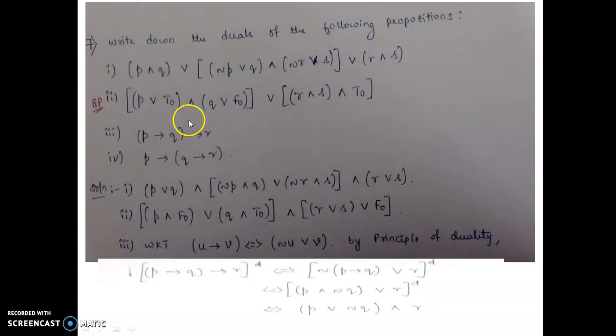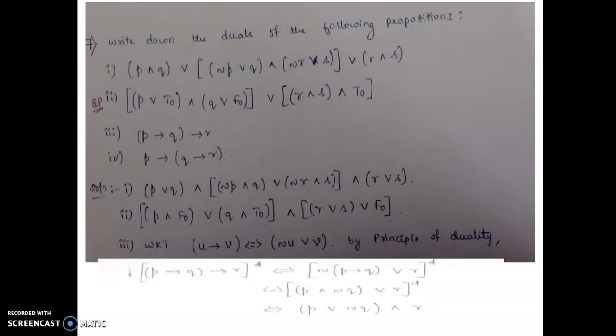Instead of and, here should be or: Q or F naught. Q and T naught should be there. We can now see here and or is should be replaced with and. R and S, R or S should be. And is there, or F naught. So here this is our resultant dual proposition.